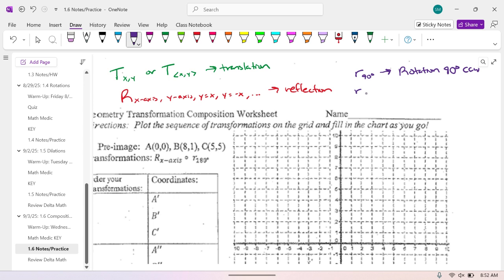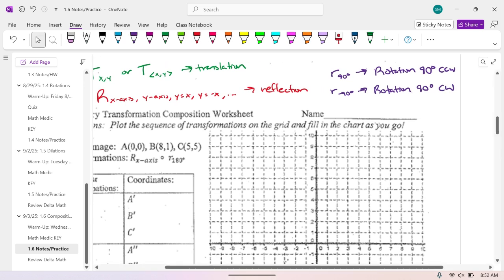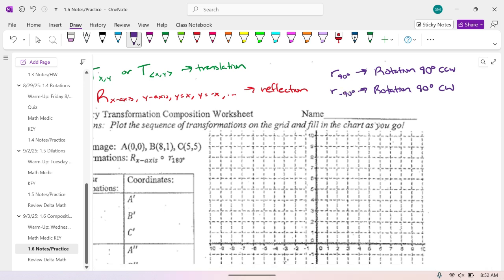But if you see rotation negative 90, that means rotation 90 degrees clockwise. So you'll only really see the negatives when it comes to 90 degrees and 270, because remember 180 is exactly the same either way.